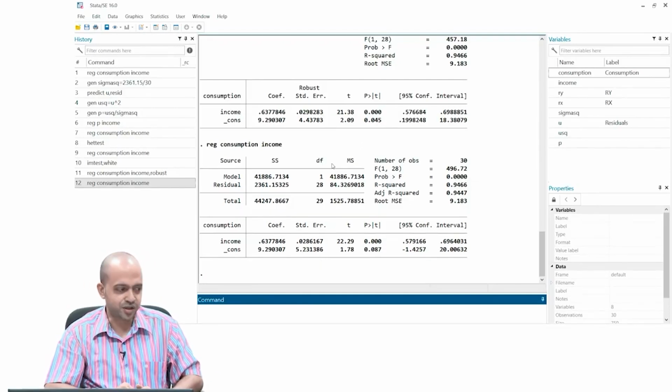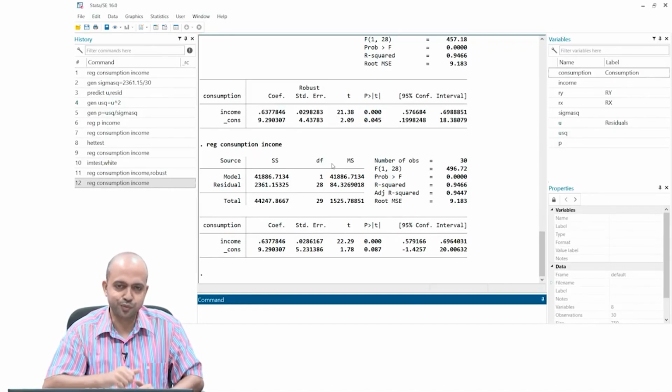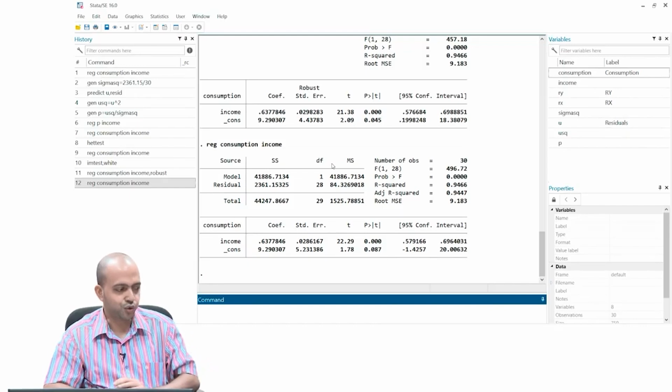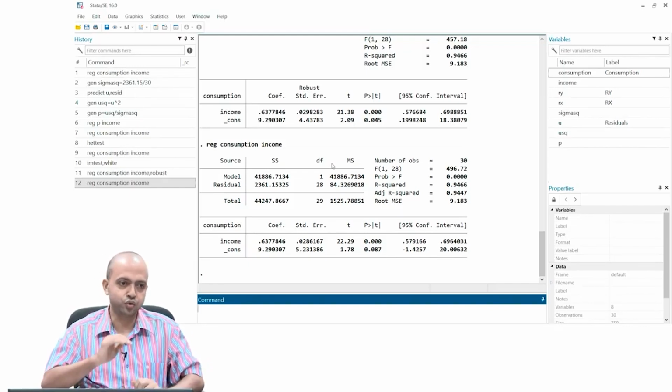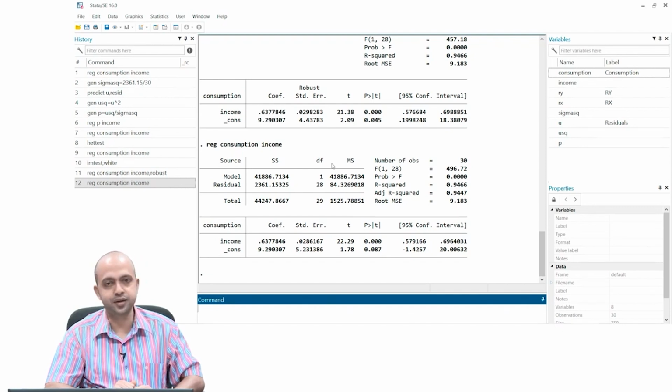That means presence of heteroscedasticity is not so severe, and that was prominent from the White heteroscedasticity test also, that you can reject the null only at 10% level, right. This is how you can get the robust standard error to solve the heteroscedasticity problem, if at all anything is there.